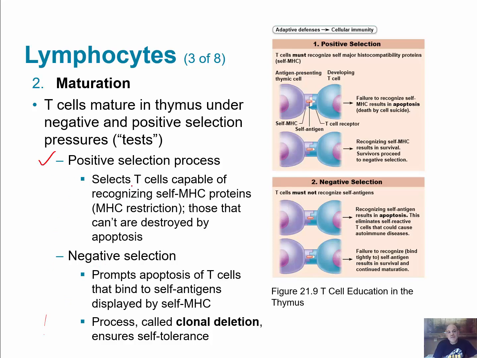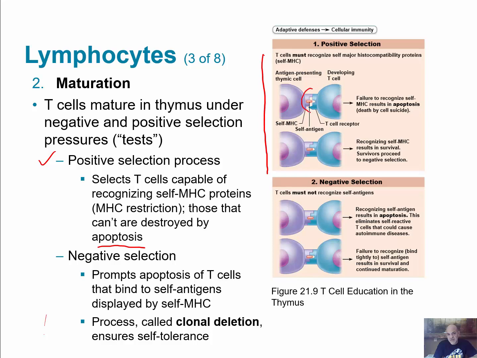The T cells capable of recognizing the self-major histocompatibility complex proteins, which are those on the cells, are going to be selected for, and those that cannot are going to be destroyed by apoptosis. And so we can see that model right up here in this part of the diagram. Here we have a self-MHC complex and our developing T cell.